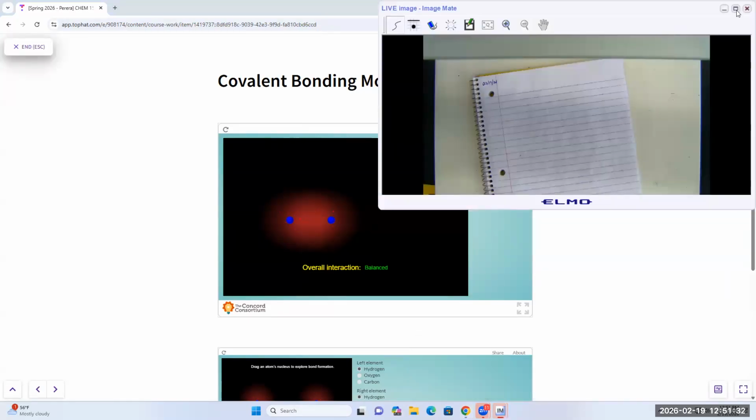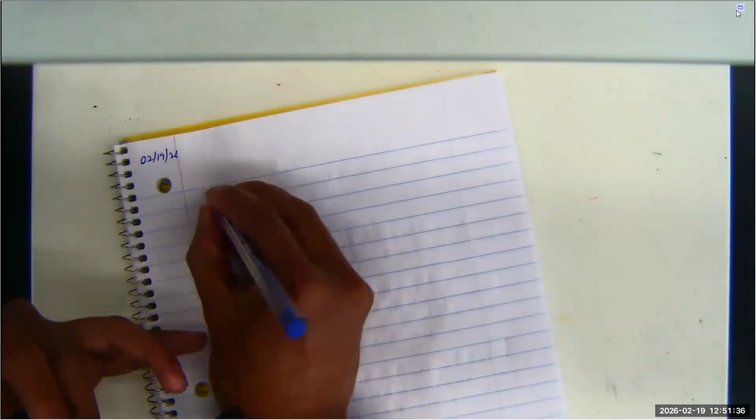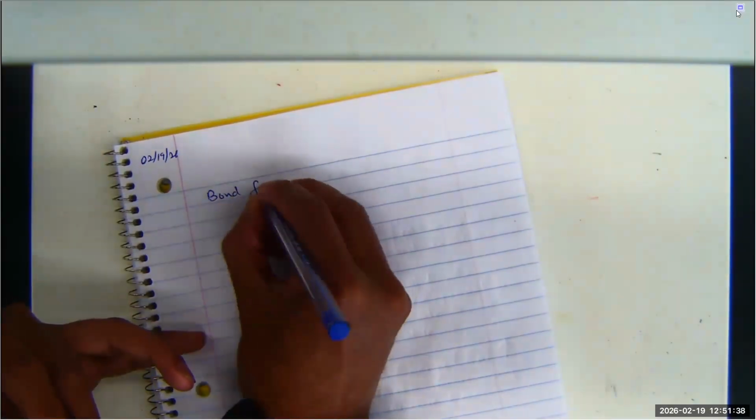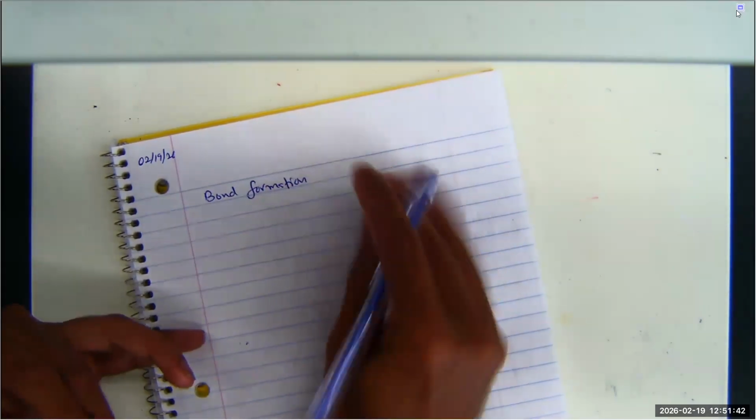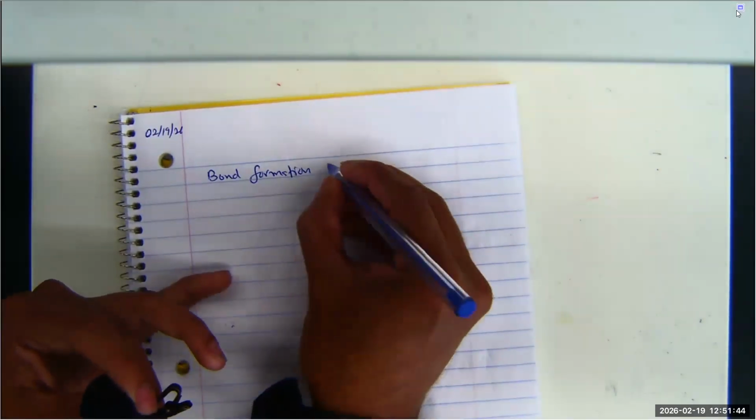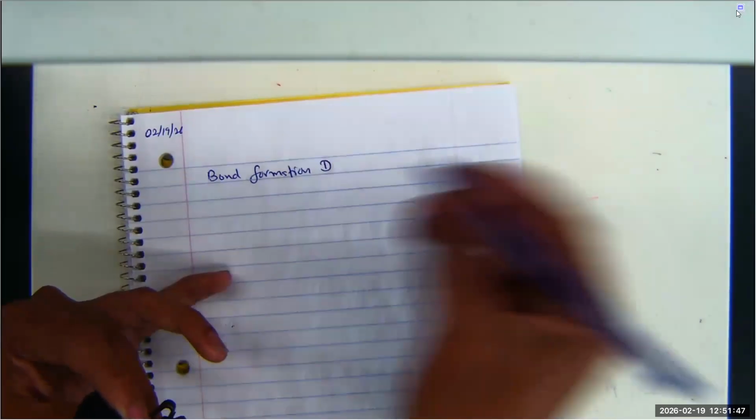So let's do this. Bond formation. I'm going to write this in uppercase letters because it's important.